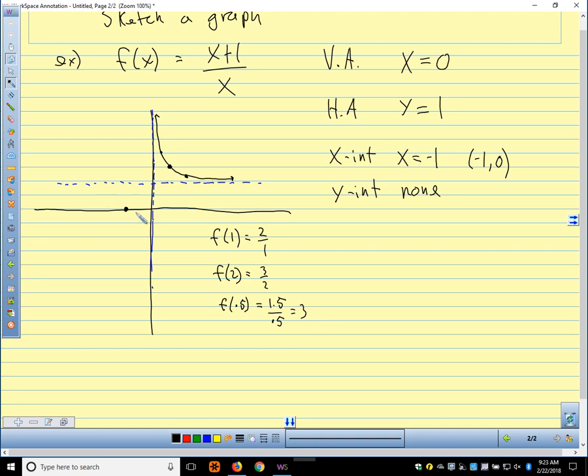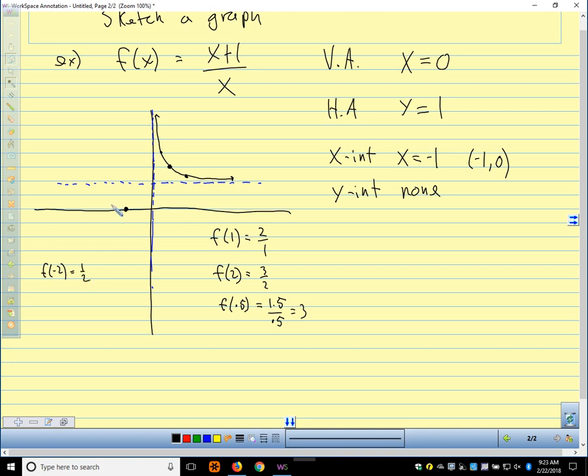And I'm going to guess, just based on this, that my function does that. But I'll plot a couple of points just to make sure. Over here, f of -2, plug in -2 there. I get -1 over -2, which is 1/2.